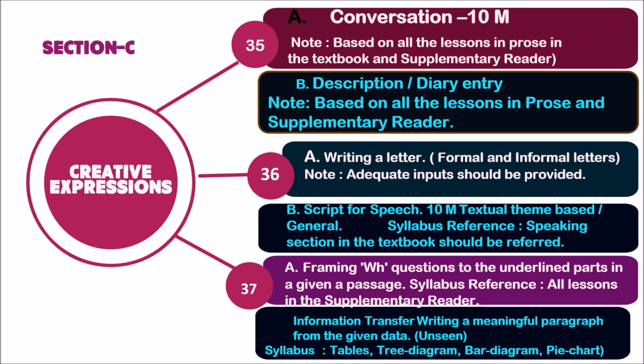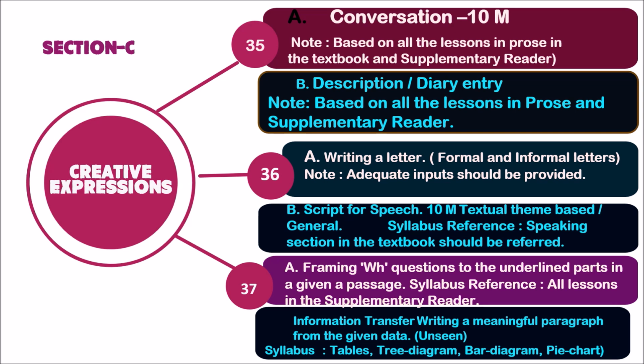So the first one, 35A, is conversation, and the syllabus reference is lessons in prose and supplementary reader. B is description or diary entry, based on all the lessons in prose and supplementary reader. Question number 36 is writing a letter, both formal and informal letters.